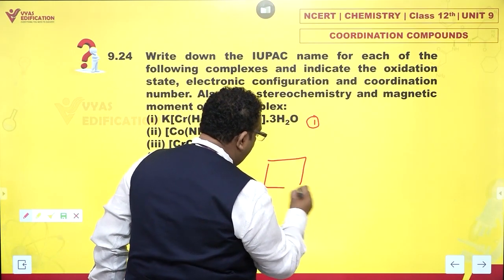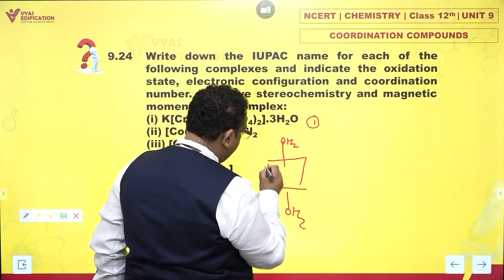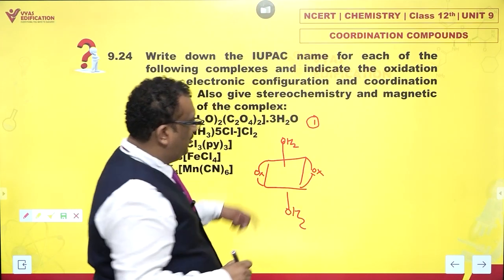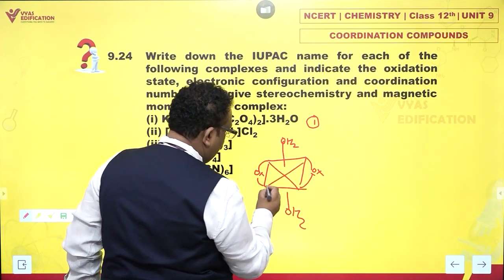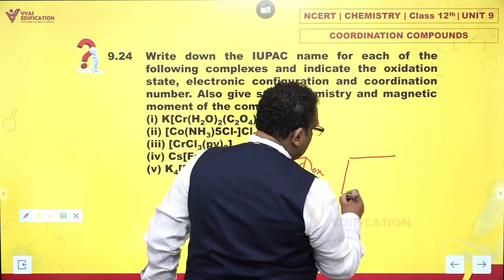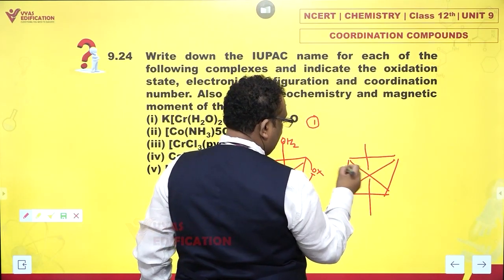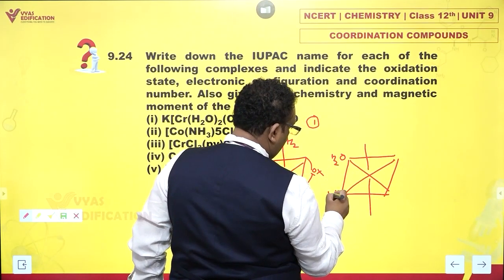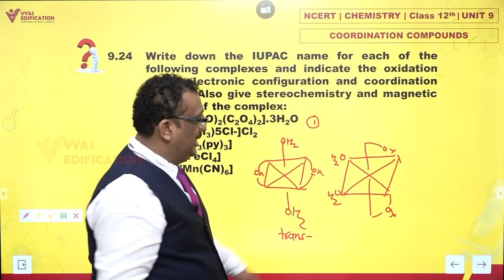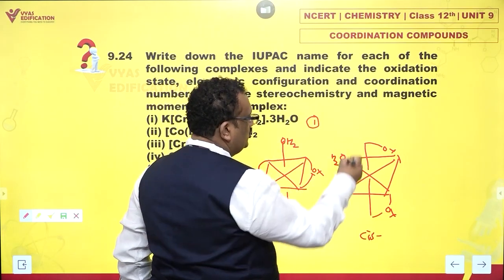The 2 monodentate ligands, aqua, could be trans, yes, or those aqua ligands could very well have been cis. Like this. And the moment you have them cis, this is also chiral.